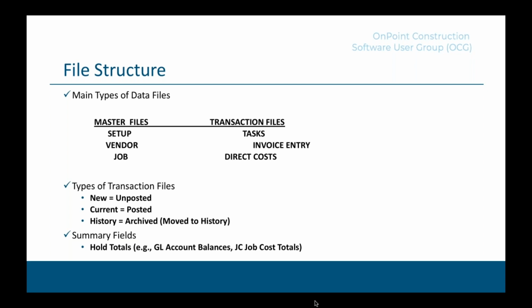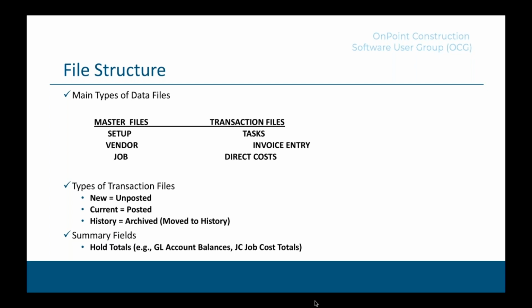So first of all, to understand the data, we have to look at the file structure. We have different types of master files that just hold the static information. In anything that's called setup is where you go to add a vendor, a job, a customer, a GL account.